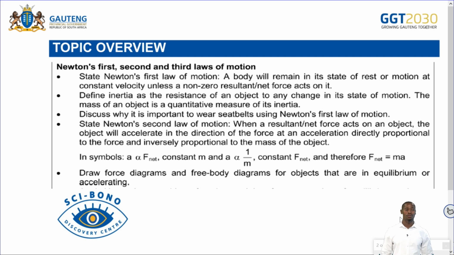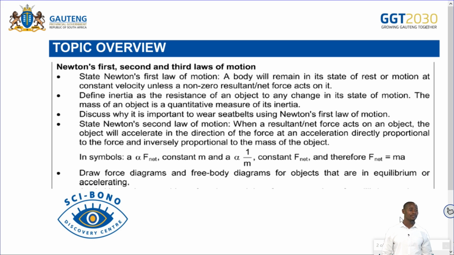And then again, we are also going to focus on Newton's second law, and this is how we need to state Newton's second law in words: when a resultant or a net force acts on an object, the object will accelerate in the direction of the force at an acceleration that is directly proportional to the force and inversely proportional to the mass of the object.